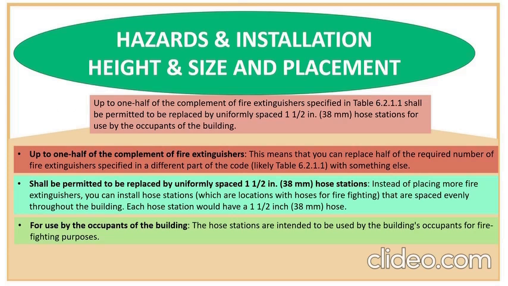So when you're calculating the fire extinguisher requirements, up to 1/2 complement of fire extinguishers means you can replace half of the required number of fire extinguishers specified in the standard.